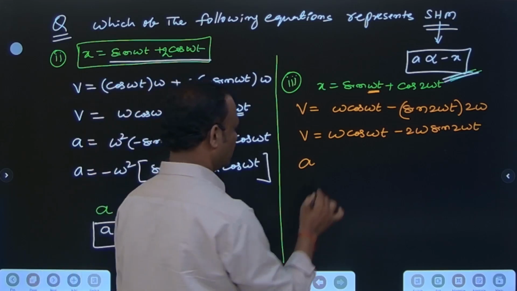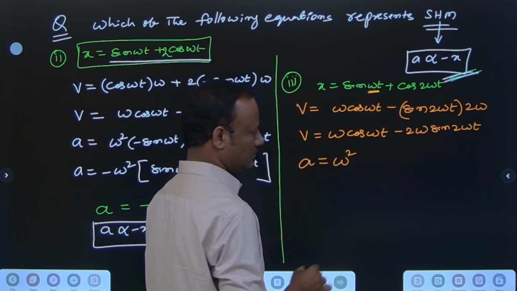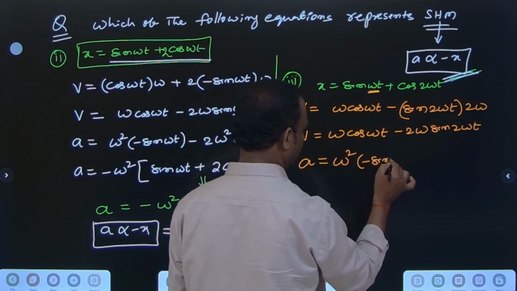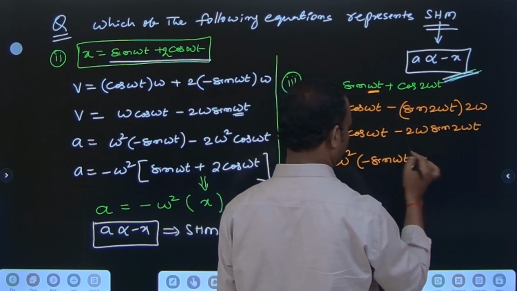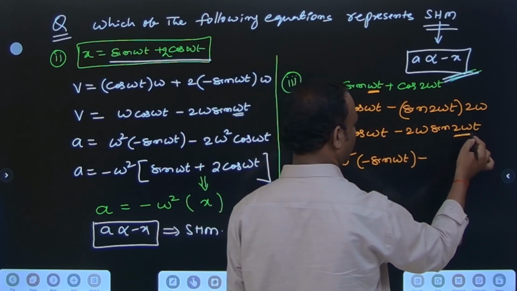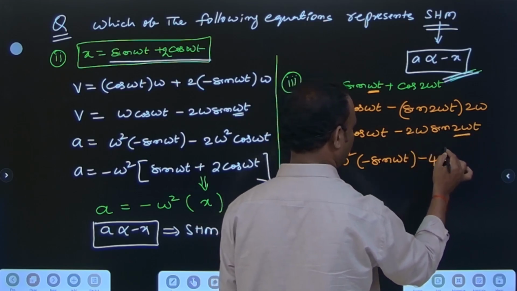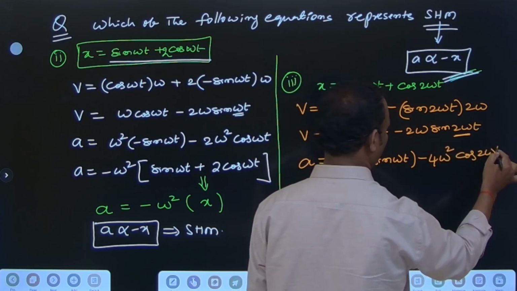Again differentiation. Omega square times the differentiation of cos omega t, which is minus sin omega t, next minus the differentiation of cos 2 omega t, 2 omega and 2 omega, 4 omega square sin 2 omega t.